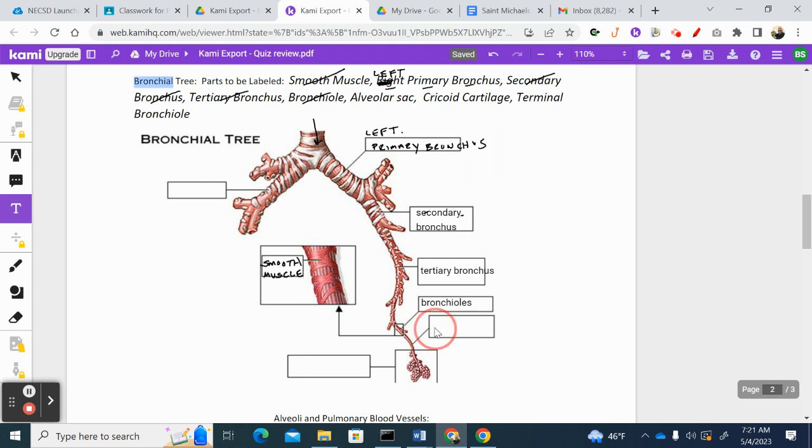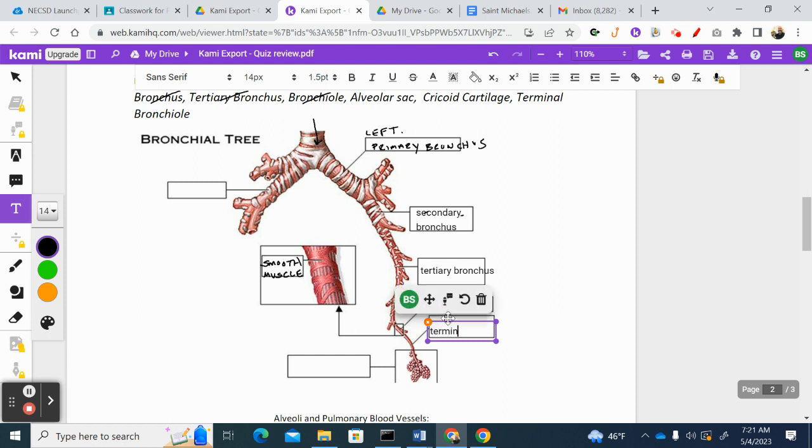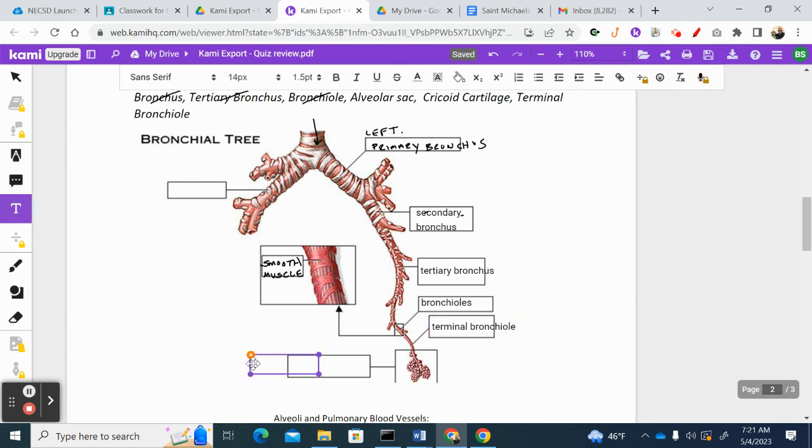And then we have what's called a terminal bronchiole, the very, very end. And then we're left with the little tiny air sacs called alveoli, or alveolar sac, we should say.